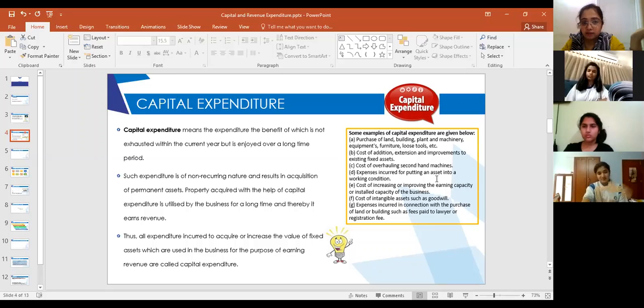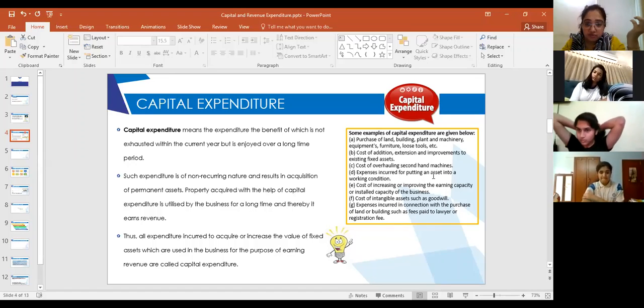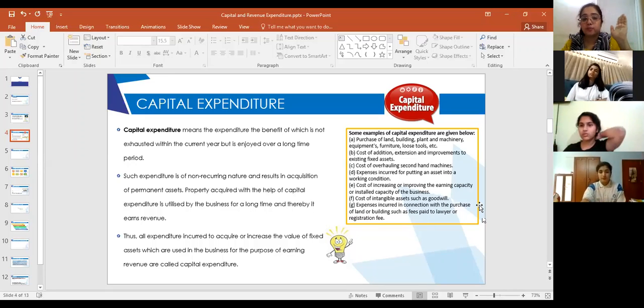The asset was not working, but I put it in such a way that now it starts working. Improving the earning capacity of the business. Any intangible asset money you have put in, like the price paid to increase the goodwill of the business. Expenses incurred in connection with buying of land, or paying the lawyer any registration fees. All these come under capital expenditure.